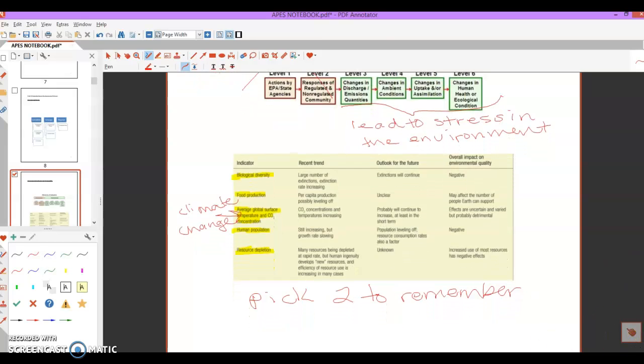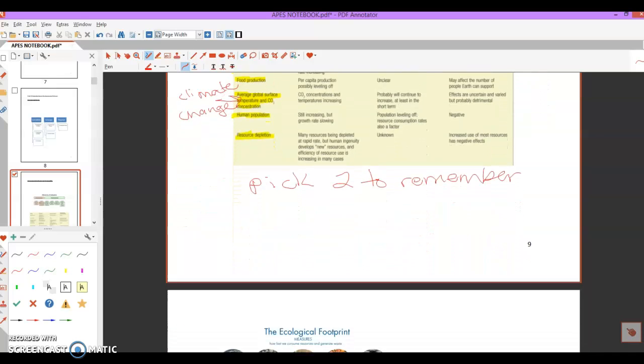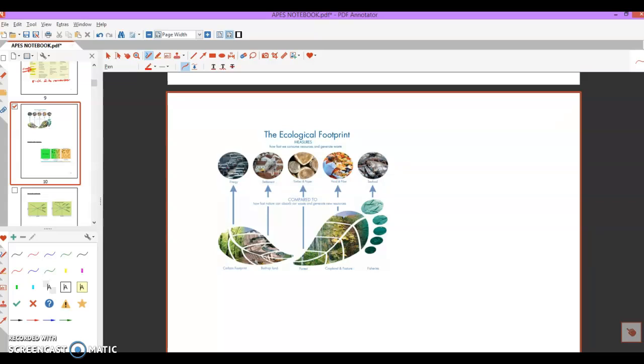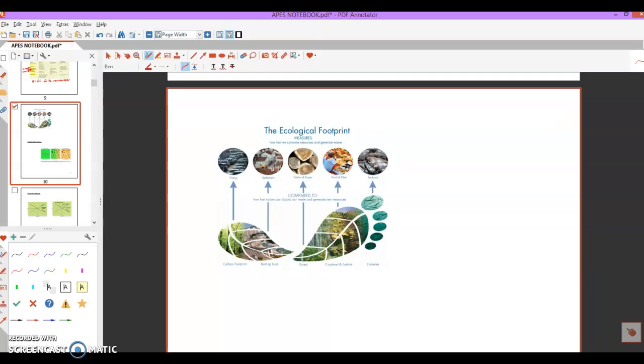Okay? All right. Now, I am going to go down to the next page. We're just going to do the top of this next page. All right, ecological footprints. Now, this is one of my favorite activities that we do all year, because what you're going to do is you're going to go online and calculate your ecological footprint.